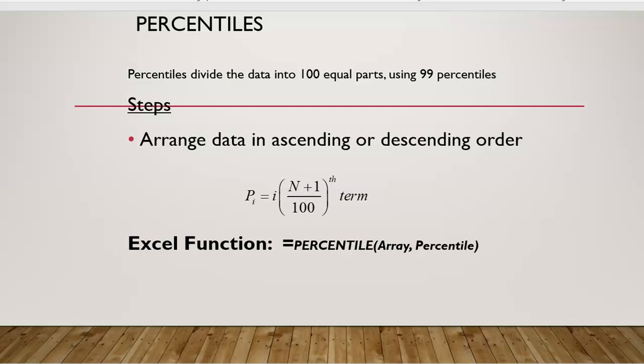For the first percentile it is 1, second percentile it is 2, third percentile it is 3, and so on till the 99th percentile it will be 99. This is how you calculate the percentile of the data set. There is also a direct Excel function, PERCENTILE, the range of values, and then you write in the percentile, and you will get the value of the percentile. So this is how you use the Excel functions also.